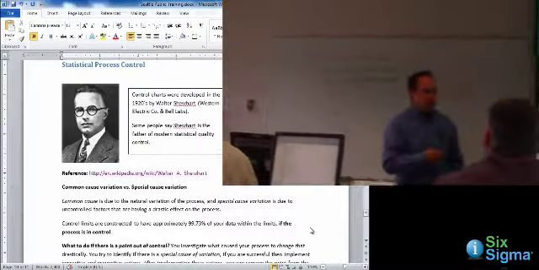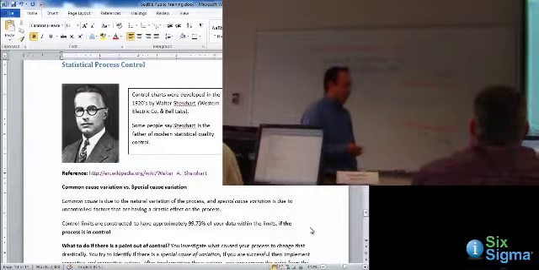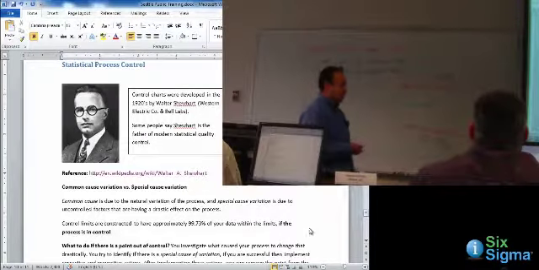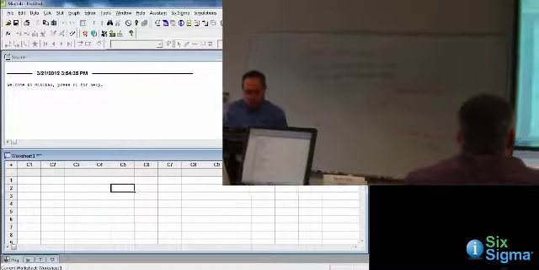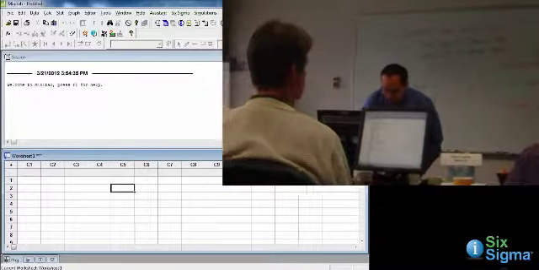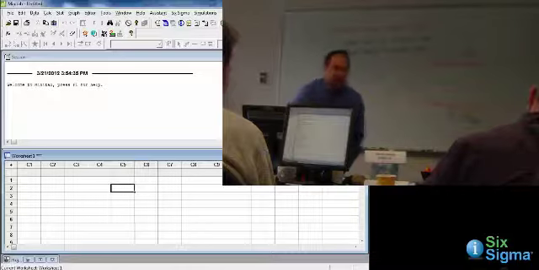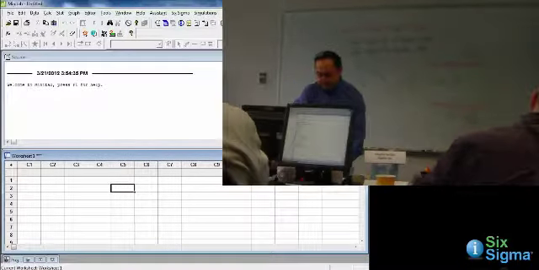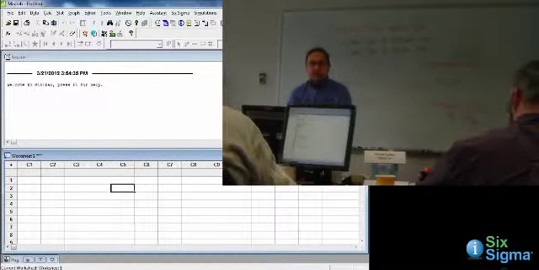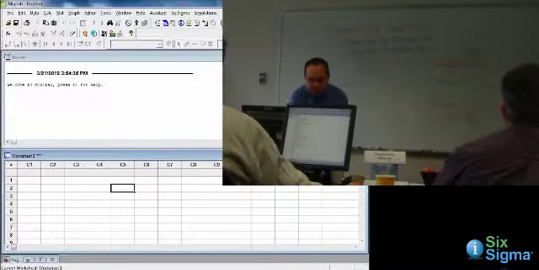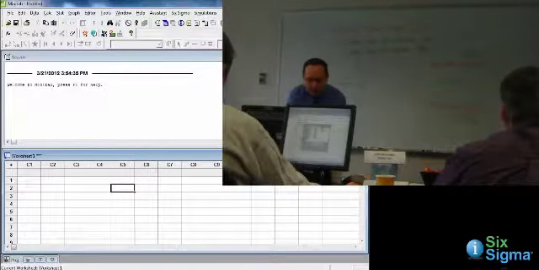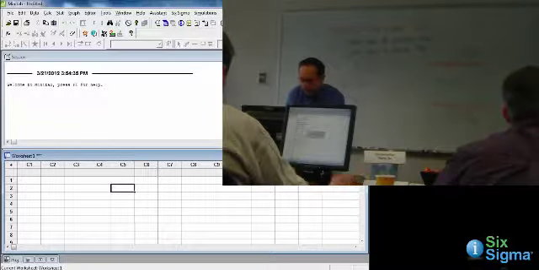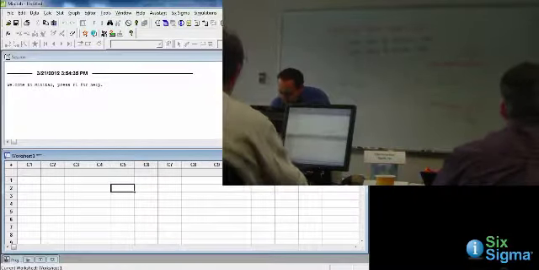So let's go to page 3-5. This is example 1, color consistency. And the problem goes like this. A company uses plastic pellets to manufacture outer cases for computer monitors.